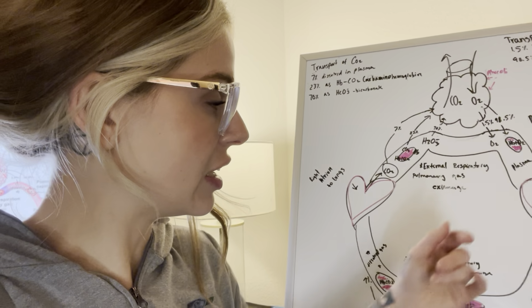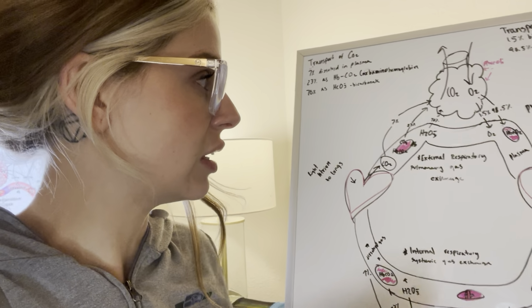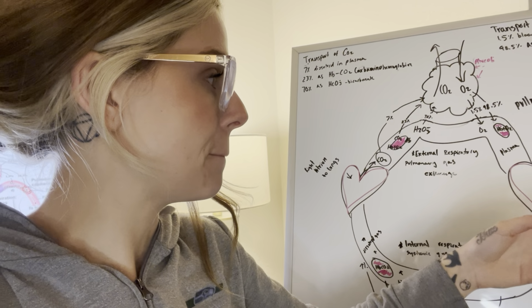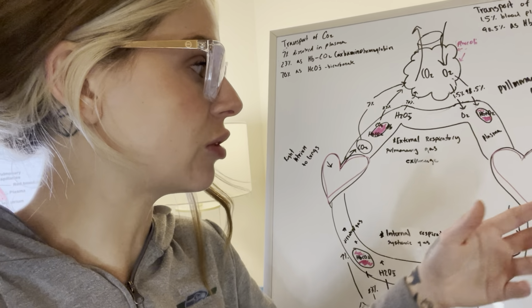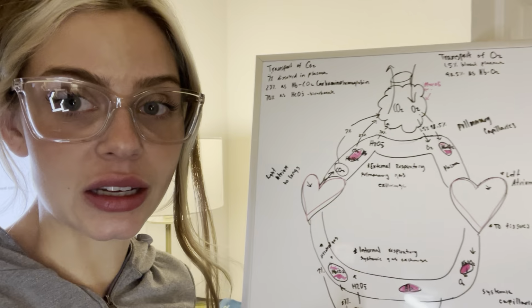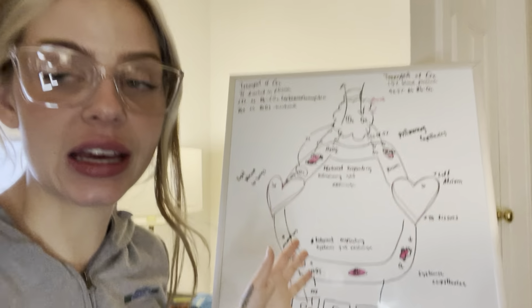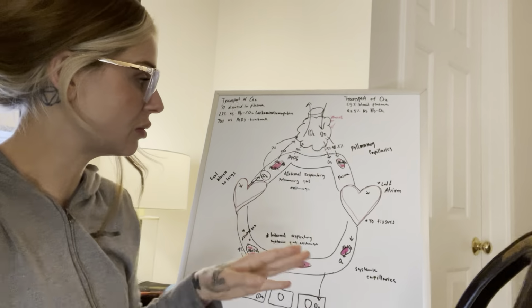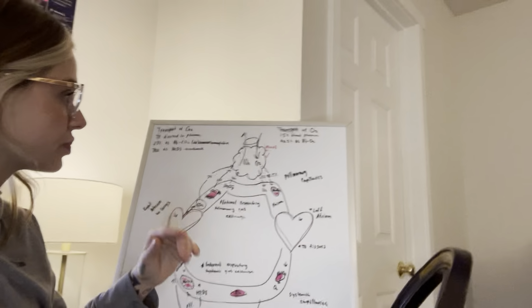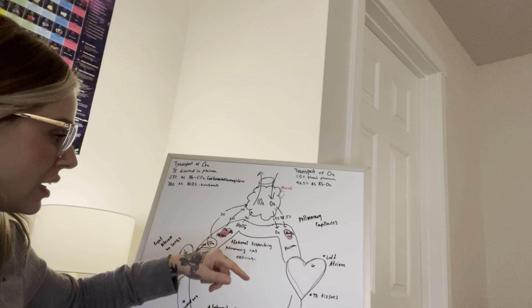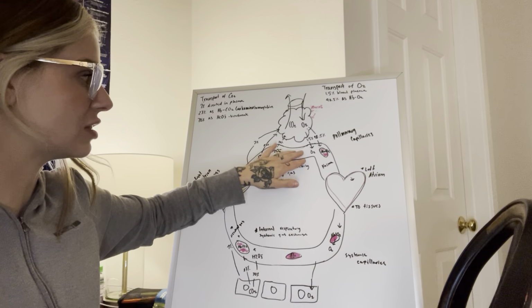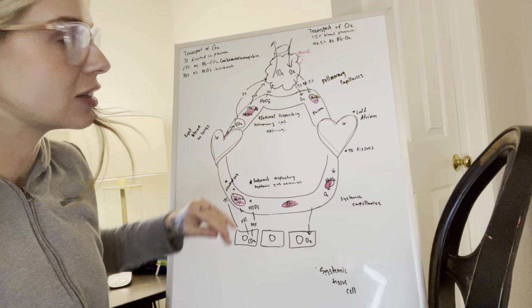If we're bringing O2 in, and we're in the pulmonary capillaries, we're going to enter the heart through the left atrium. They went over that in the cardiovascular unit and the blood vessel unit, so we won't go over it again. O2 is diffusing into the pulmonary capillaries, which is this structure right here.